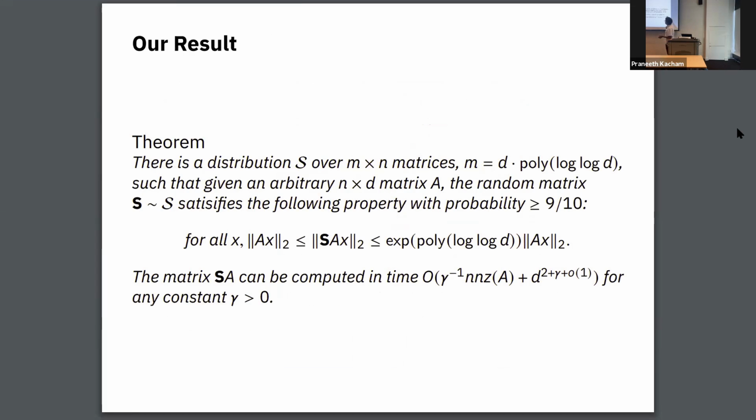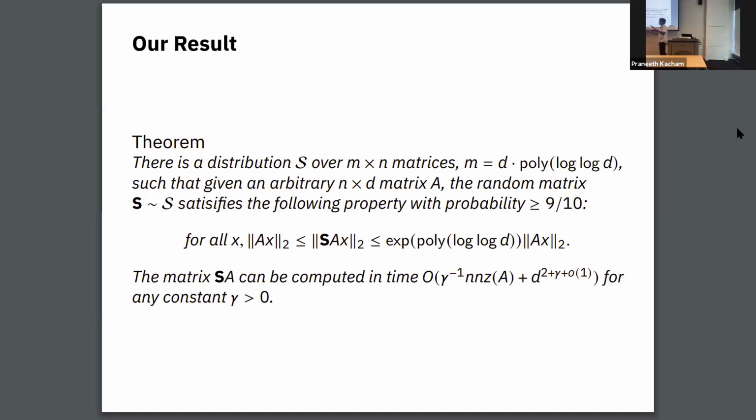And this is our result. Given an arbitrary matrix A, there is a distribution S over m times n matrices. Here m is like d times poly log d. This distribution is independent of the matrix you want to apply it to.